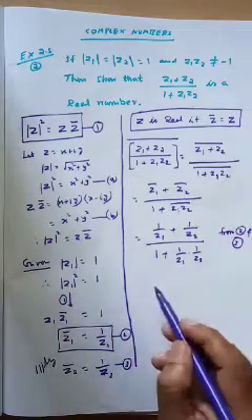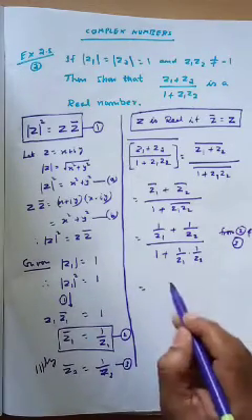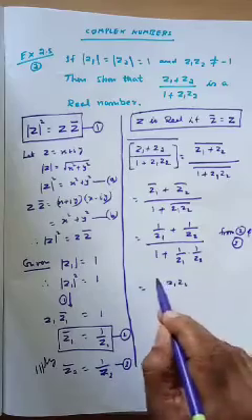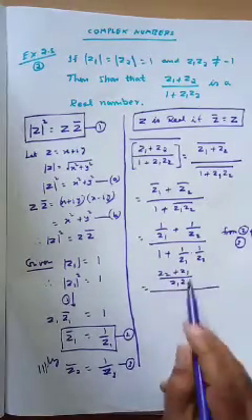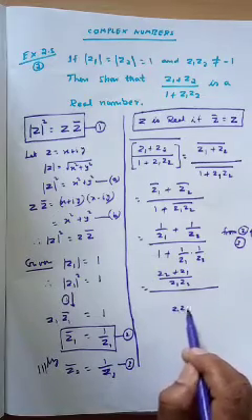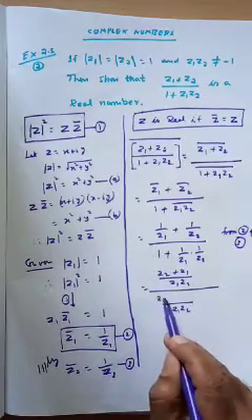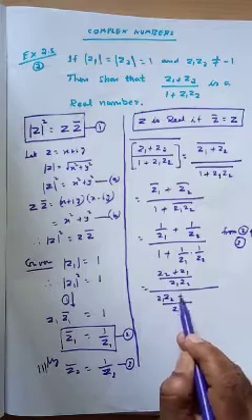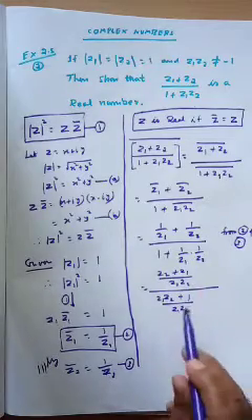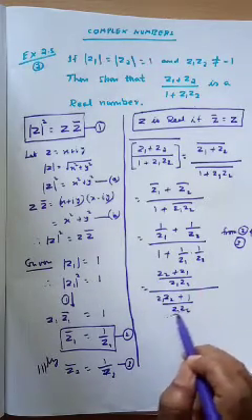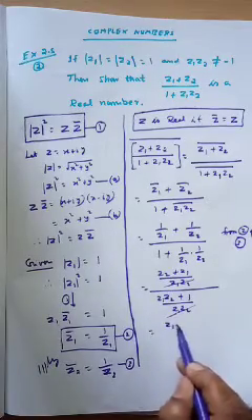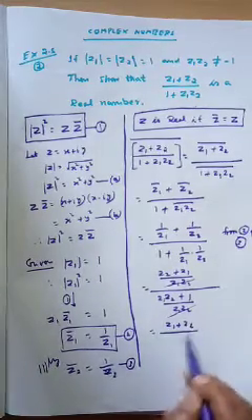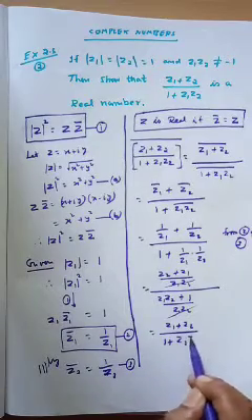Now just take LCM. Taking the LCM of Z1 and Z2, we get Z2 plus Z1 divided by, here also LCM is Z1 Z2, so Z1 Z2 plus 1 ones are 1. Now both the denominators will get cancelled. So the remaining result will be, numerator is Z1 plus Z2 and denominator is 1 plus Z1 Z2.